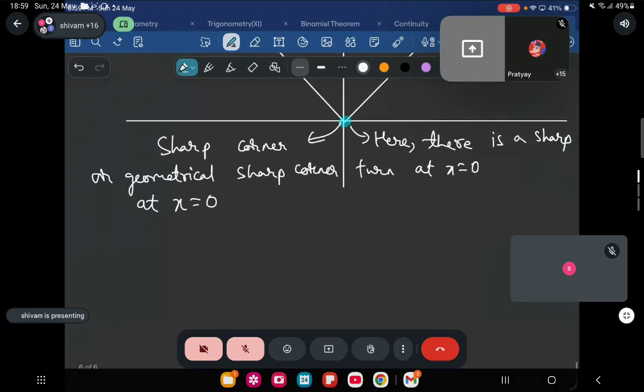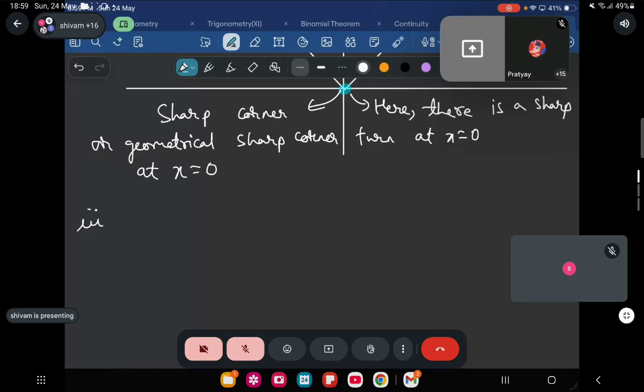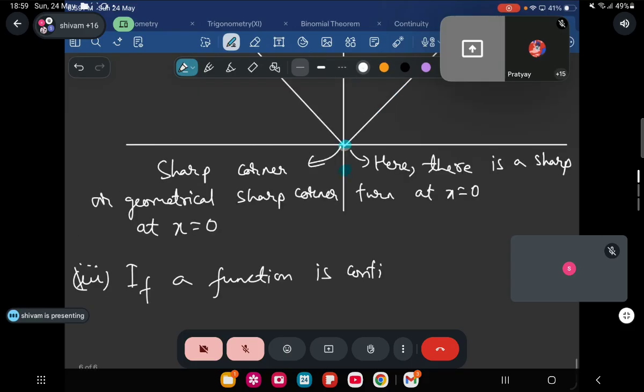Yes. Next, number 3. If a function is continuous, does it imply it is differentiable? Tell me. Everyone is saying yes. Seriously? Only he said no. Just now we have seen, right?